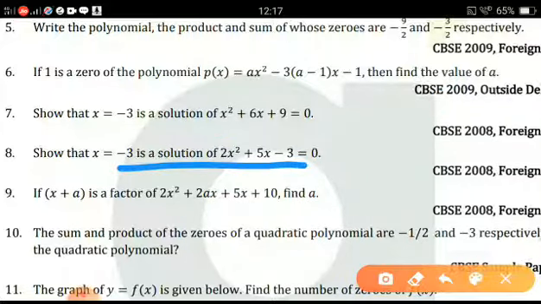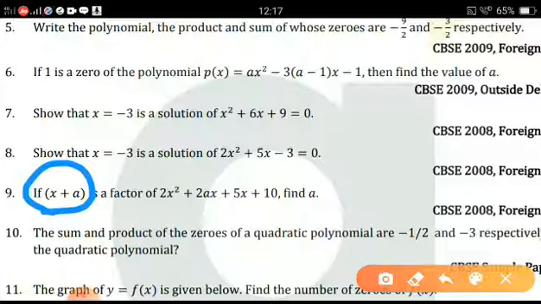Next one, 9th question. If x plus a is a factor of 2x square plus 2ax plus 5x plus 10, find a. Now, x plus a is a factor, that means which is the root of this polynomial? It will be x equal to minus a is the root.